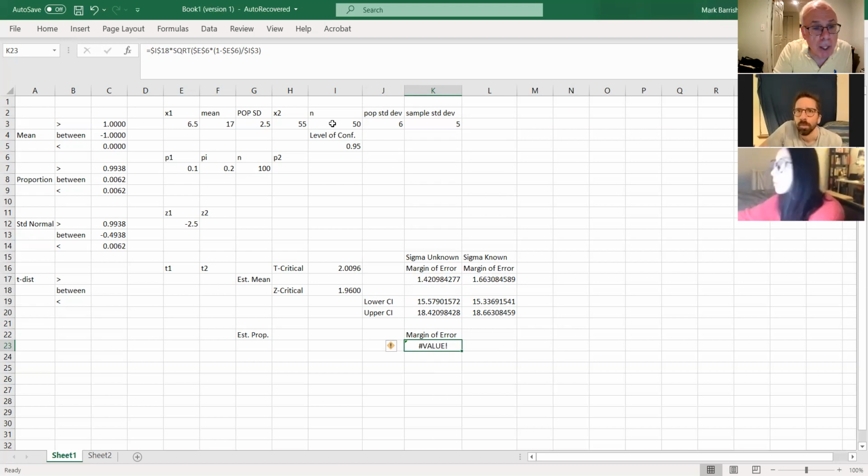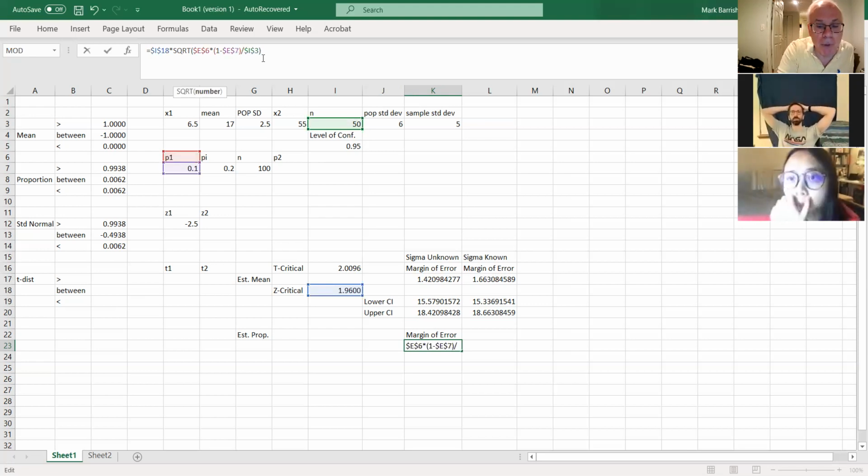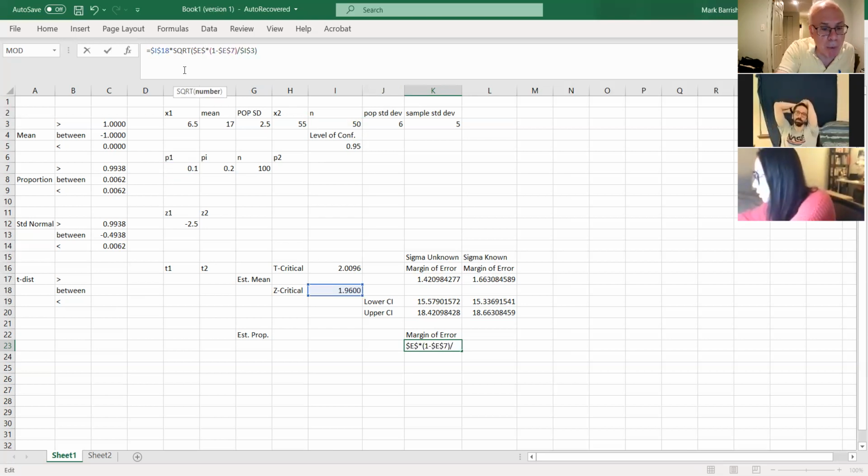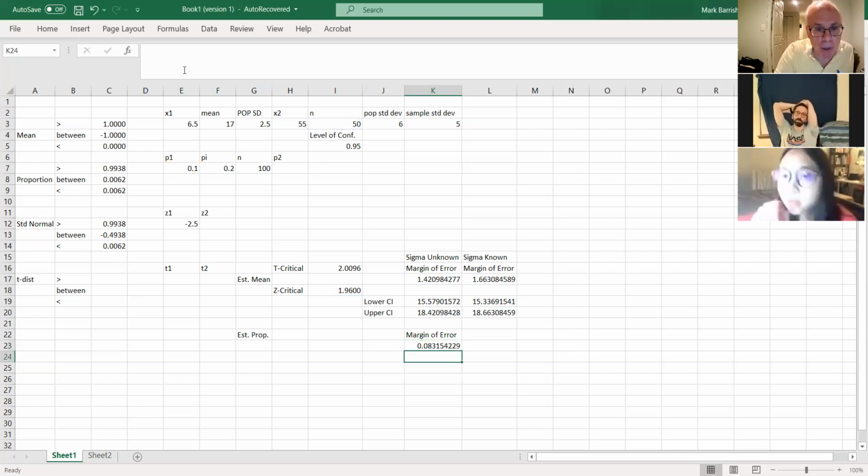I wonder why it's giving me that error message. E6. Oh, that's E7. All right, I see the problem. I put in the wrong cell. So this should be E7. That should be it. But it's still giving me the wrong one. All right. So we have 1 minus. Oh, it was supposed to be E7 here too. Sorry. E7 is where the sample proportion is. That should be right here. Oh, there it is. There's my margin of error.